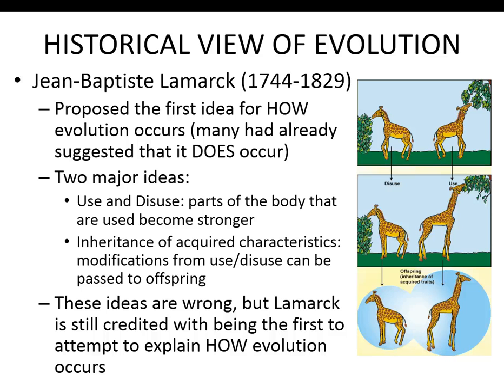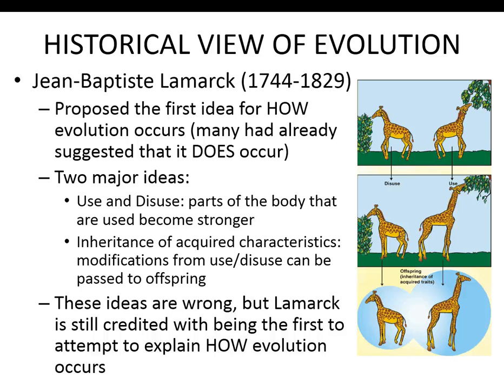Okay, so let's move up towards some of our more modern ideas of evolution. We're going to look at Jean-Baptiste Lamarck, who proposed an idea for the mechanism of evolution. When we say mechanism of evolution, we're talking about a way that evolution actually happens. So the first idea for how evolution occurs.